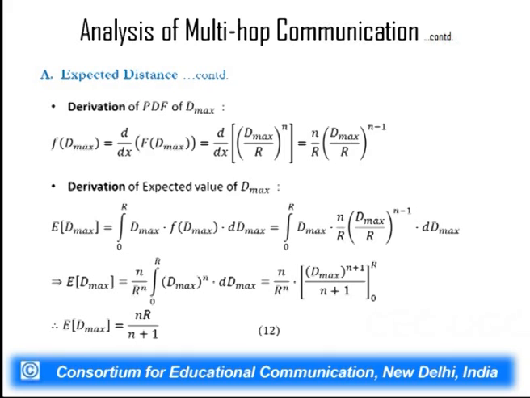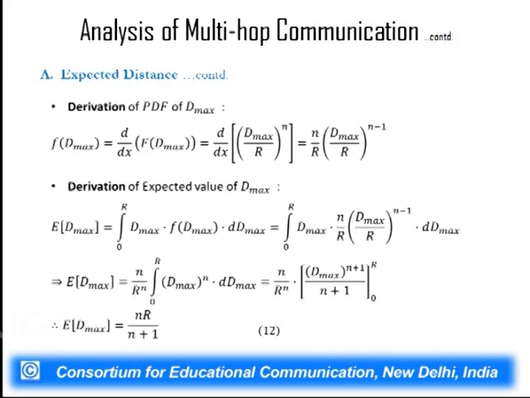Now we can even go a little further and derive the expected value of Dmax. That is, we want to find a generalized value of Dmax, the maximum distance of any neighbor of any given node. So how is it done? A very simple formula: as E of Dmax, we are finding the average value over some range of values.